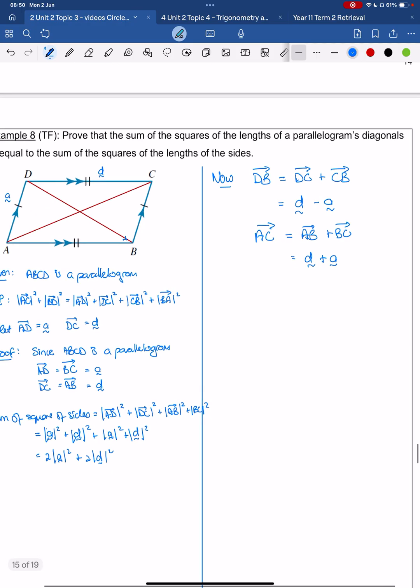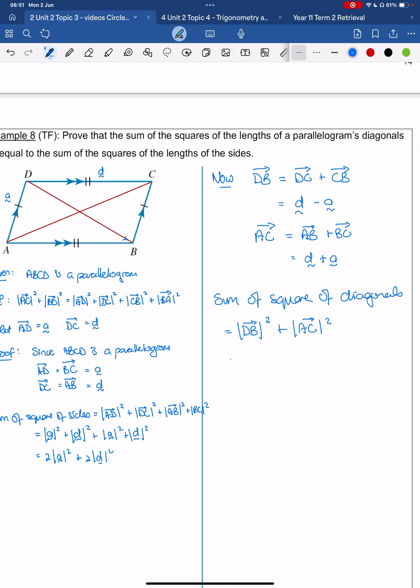Now if I want to sum the squares of my diagonals, that's going to be the magnitude of DB squared plus the magnitude of AC squared, and that's going to be (d minus a) squared plus (d plus a) squared.